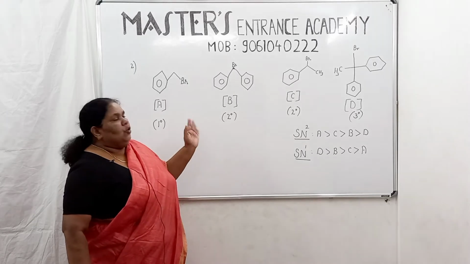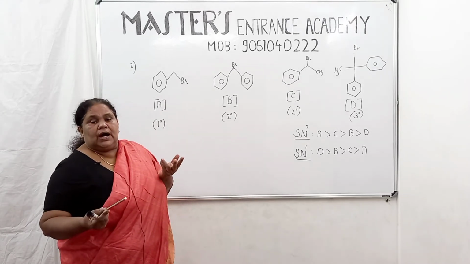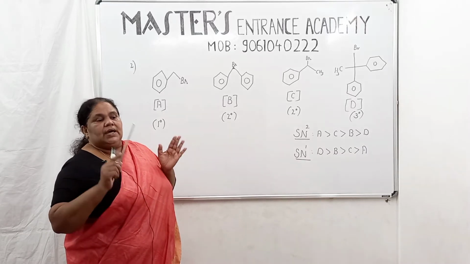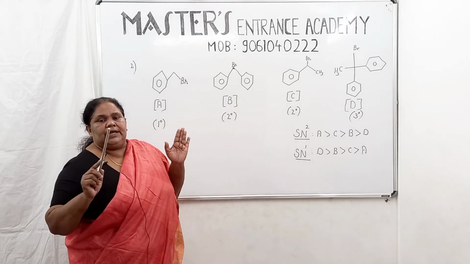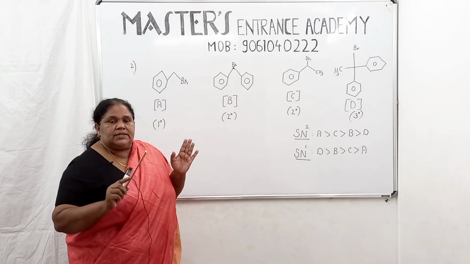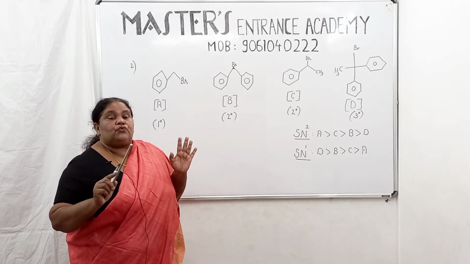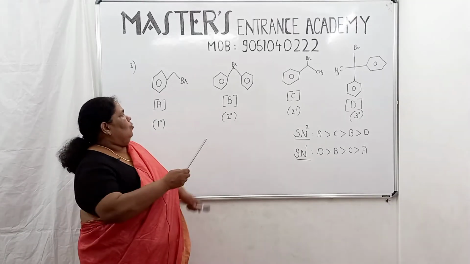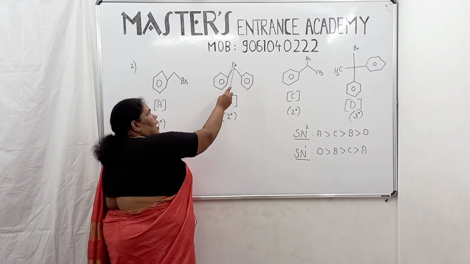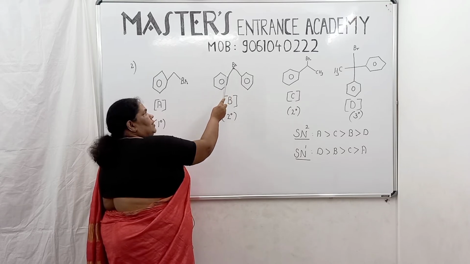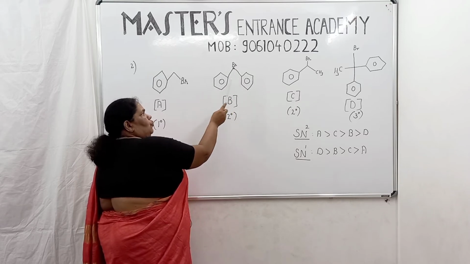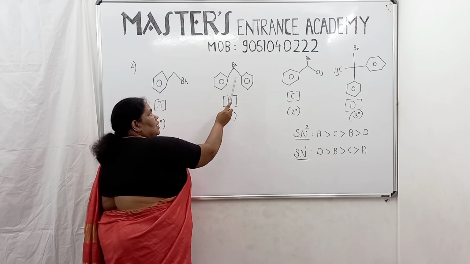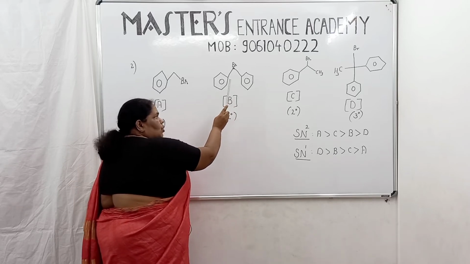Then what about B and C? Both are secondary halides. Remember, in SN2 reaction, less the steric hindrance, faster will be the reaction. Here in compound B, this bromine bearing carbon atom is connected to 2 phenyl rings. Here the steric hindrance is more.